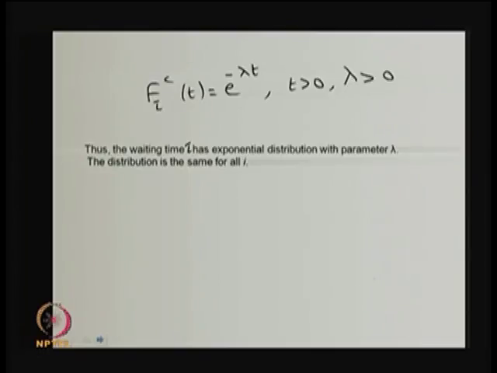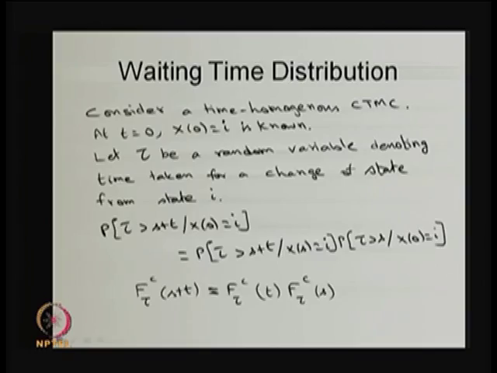We can even write lambda with suffix i, that means it depends on i. If the system spends time in some state, that time is always exponentially distributed with some parameter lambda, and that parameter may depend on the state i.